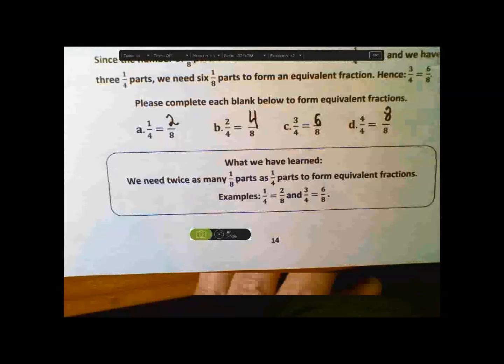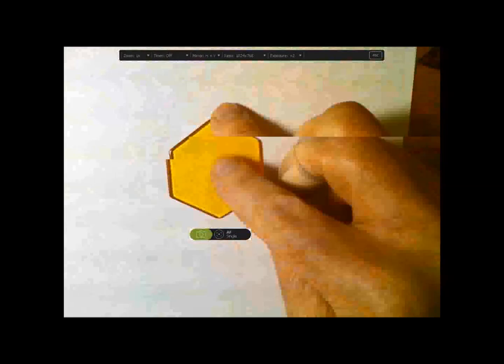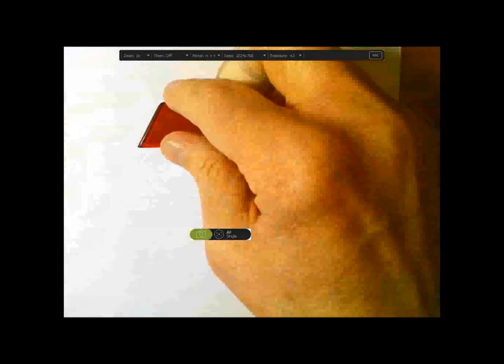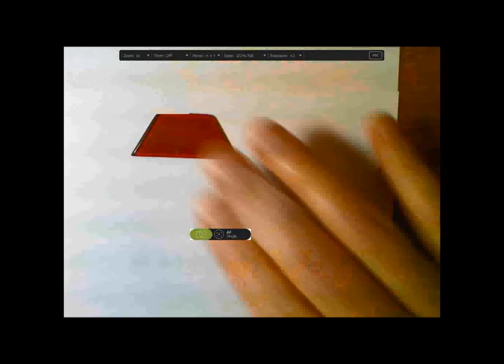Okay. What I want to do now is this. You know, boys and girls, we don't always have to have the yellow block be the whole. You can also have the red block be the whole, and you can have the blue block be the whole.